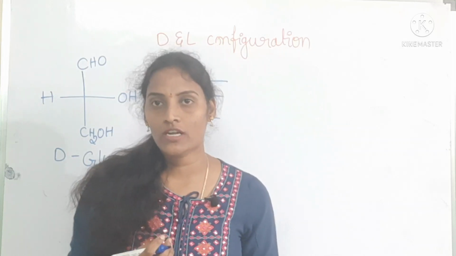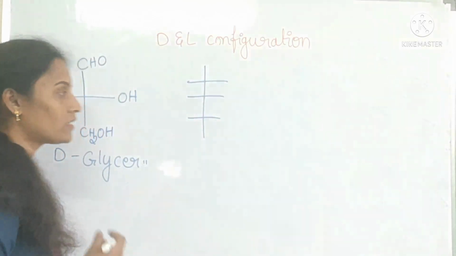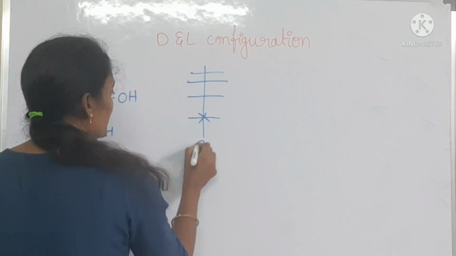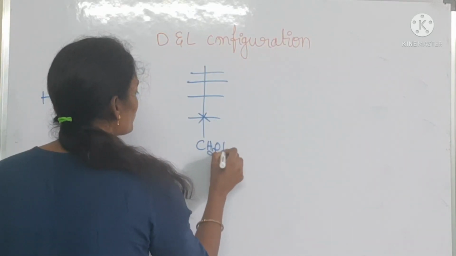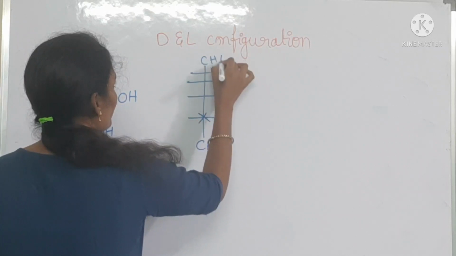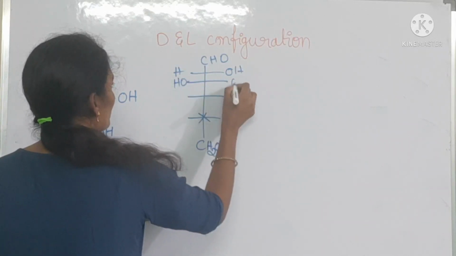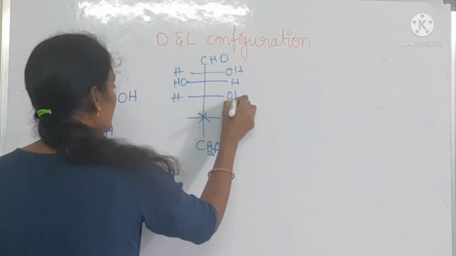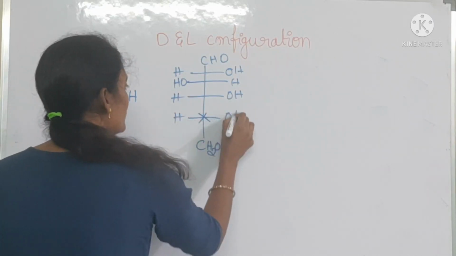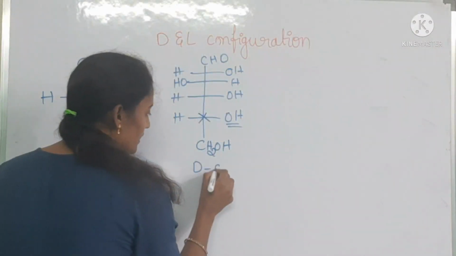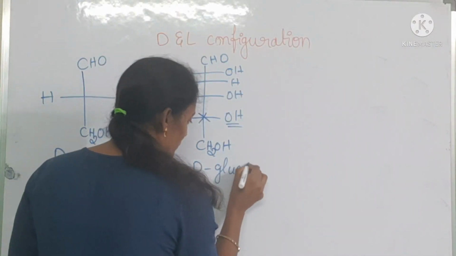If a compound has more than one chiral center, what will happen? See, it is the bottommost asymmetric center of glucose. See, here also OH is on the right side, so it is D-glucose.